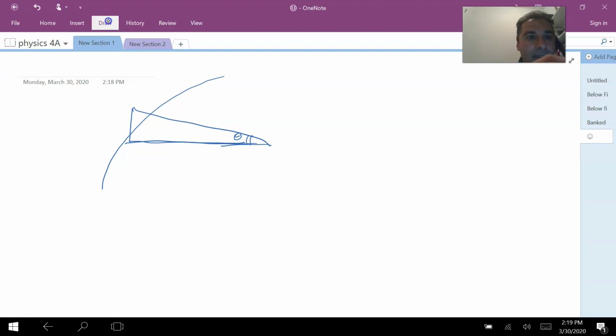And my car is, for example, on this curve. So let's say this is the car.